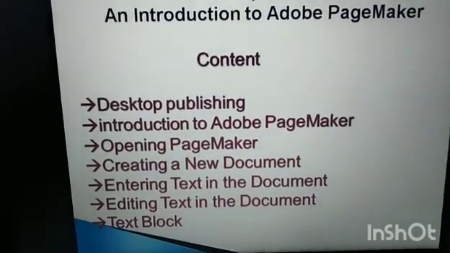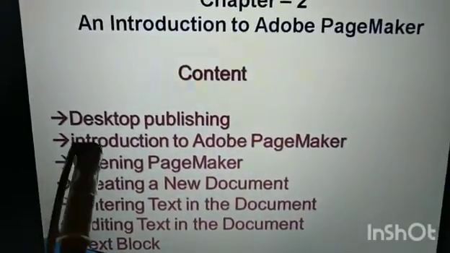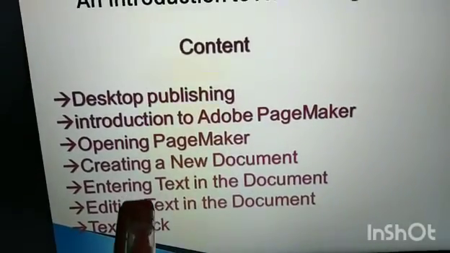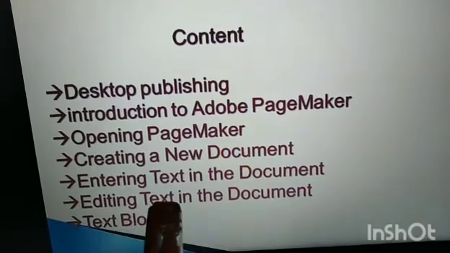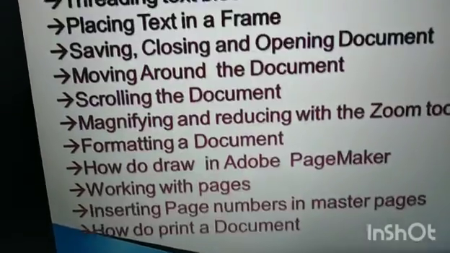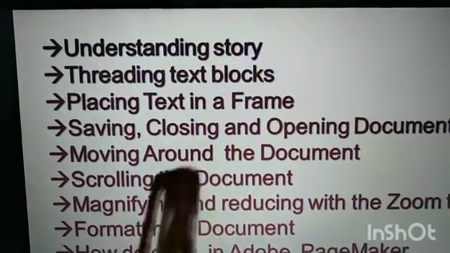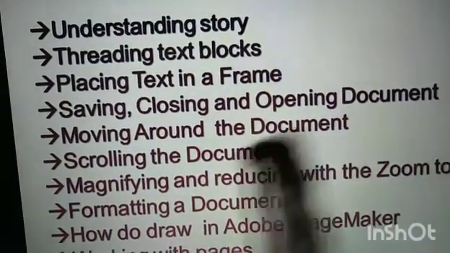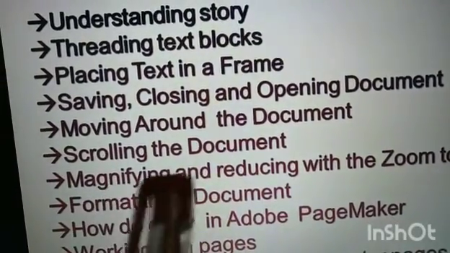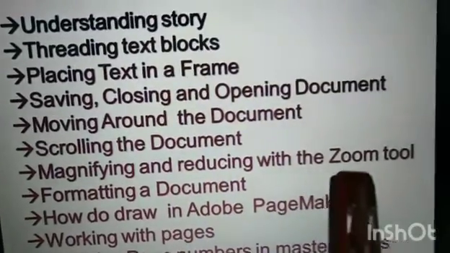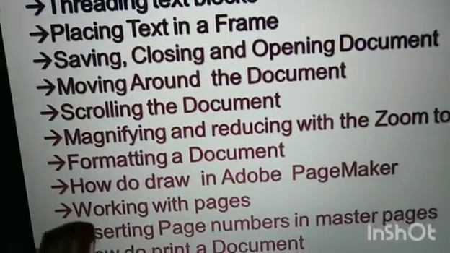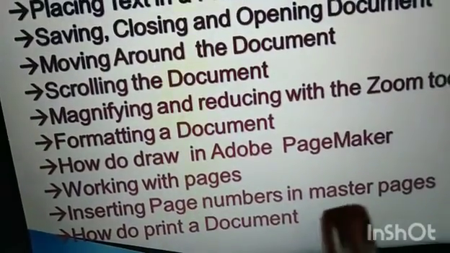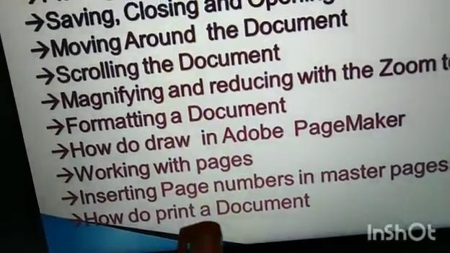Chapter 2 includes desktop publishing, introduction to Adobe PageMaker, opening PageMaker, creating a new document, entering text in the document, editing text in the document, text block, understanding story, creating text block, placing text in frame, saving, closing and opening a document, moving around the document, scrolling the document, magnifying and reducing with the zoom tool, formatting a document, how to draw in Adobe PageMaker, working with pages, inserting page numbers in master pages, and how to print a document.